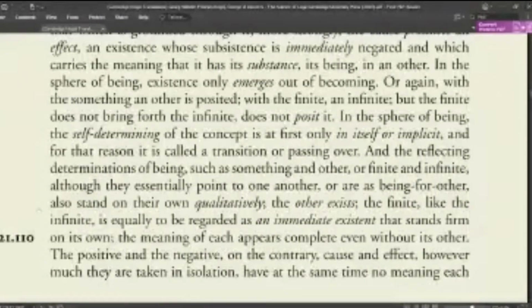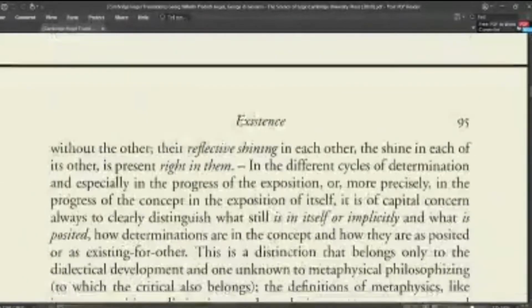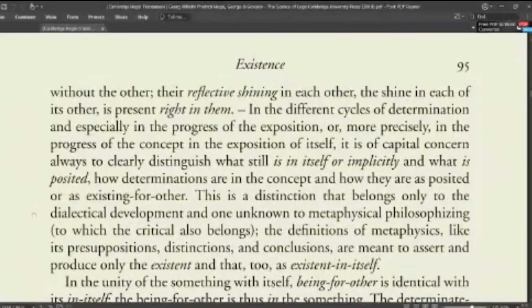The finite, like the infinite, is equally to be regarded as an immediate existence that stands firm on its own. The meaning of each appears complete even without its other. The positive and the negative, on the contrary, cause and effect, however much they are taken in isolation, have at the same time no meaning without the other. Their reflective shining in each other, the shine in each of its other, is present right in them.